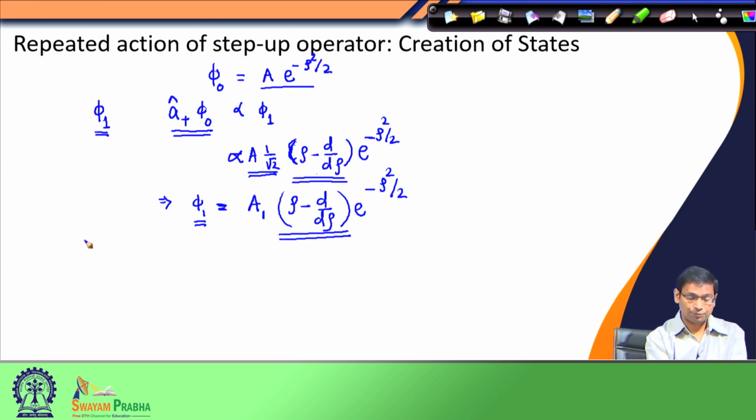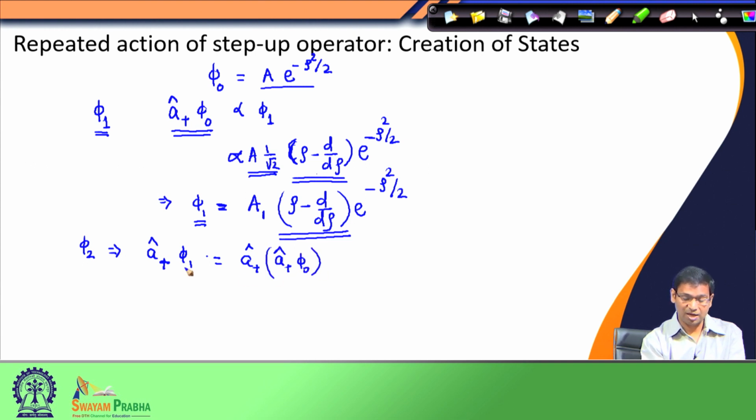Fine. Now, to get phi 2, what would I do? I can obtain phi 2 when I apply the step up operator on phi 1. So phi 2 is proportional to the a plus operator on phi 1. What is phi 1? Phi 1 is the action of a plus on phi 0. Therefore, this is equivalent to a plus a plus phi 0, because phi 1 is proportional to a plus phi 0.